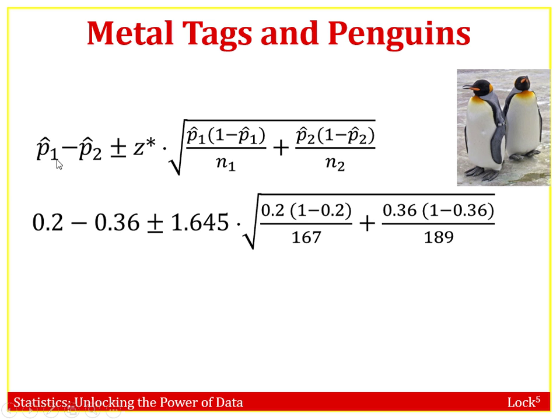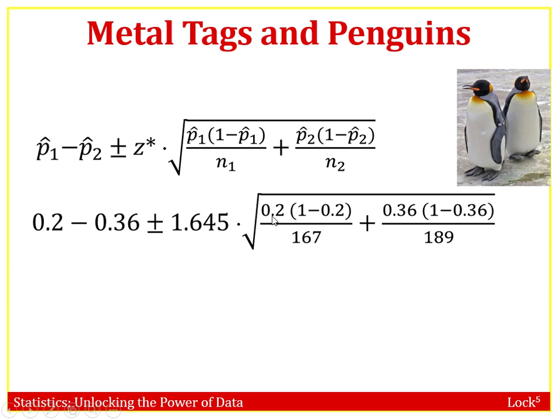So we need to take our two proportions, which were 20% and 30%, and subtract those two. Our z star, you would get from going to StatKey, doing the normal distribution, and looking at what it is for 90% confidence.